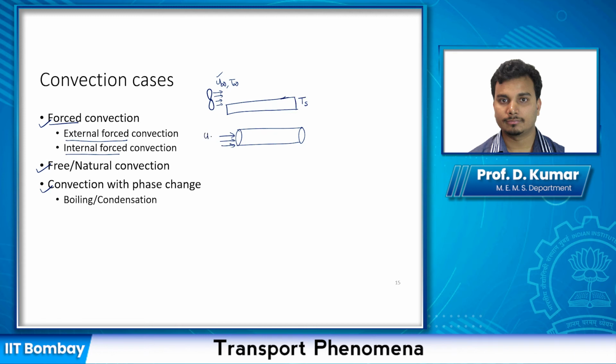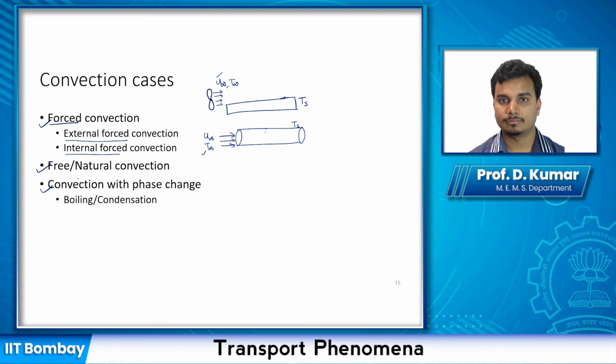So again, you are passing fluid at U infinity and some T infinity, and the wall of this cylinder may be at some other temperature Ts. There would be heat transfer between this surface and the fluid, and you can heat up the surface or cool it down by controlling this T infinity. Again, it's forced convection, so you will have a fan or pump to increase the fluid velocity.